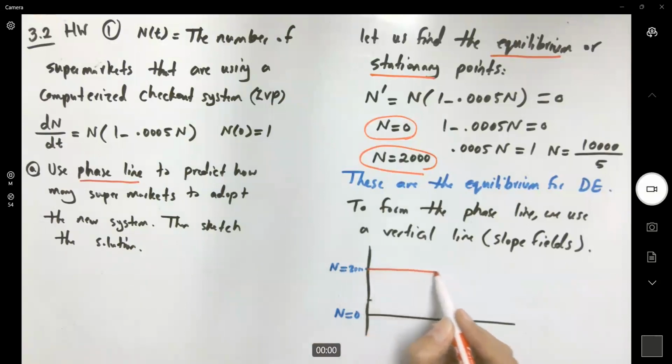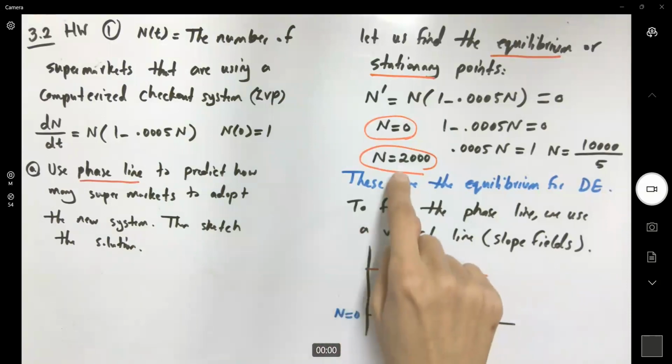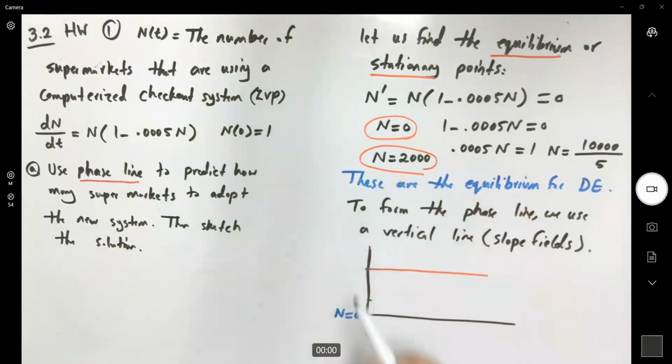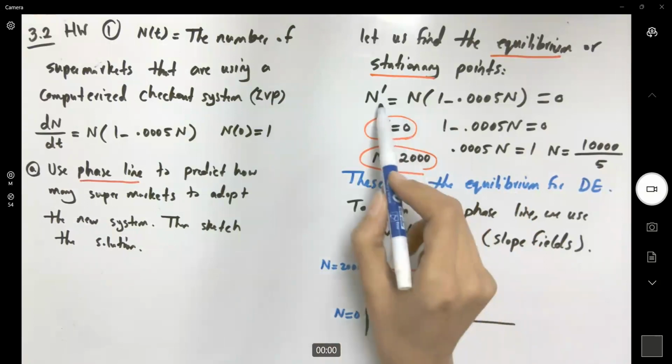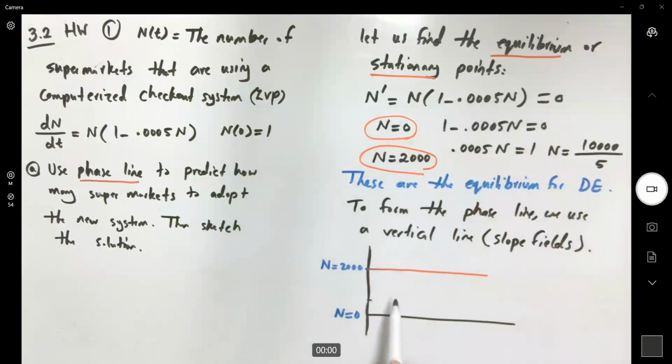Around the horizontal line n equal to 2,000, you have your equilibrium or stationary point. The rate of change is equal to 0 at n equal to 0 and n equal to 2,000. Around the line 2,000, the rest of the solutions are all converging to this line.